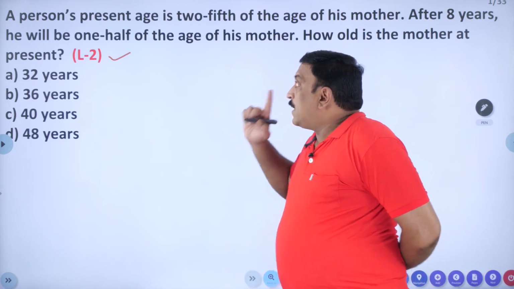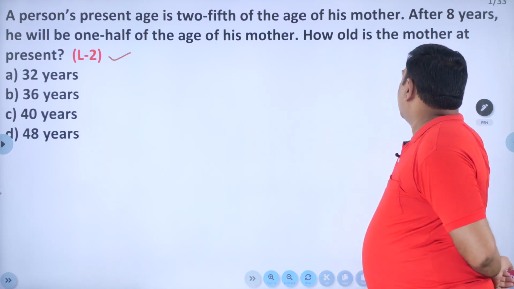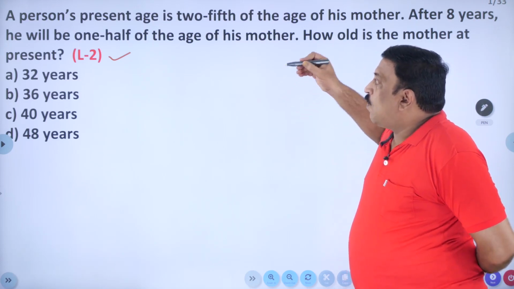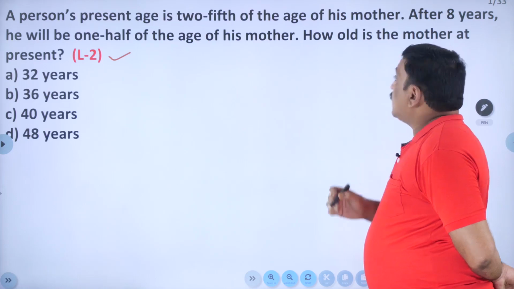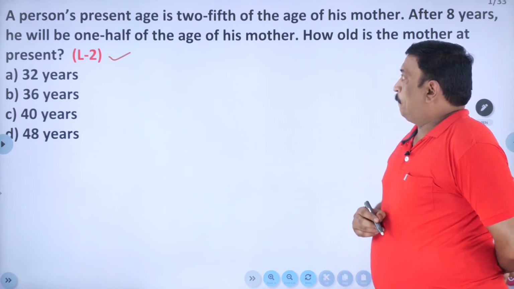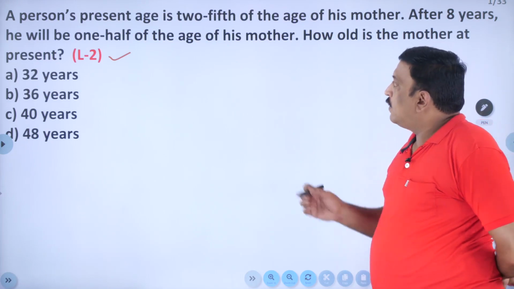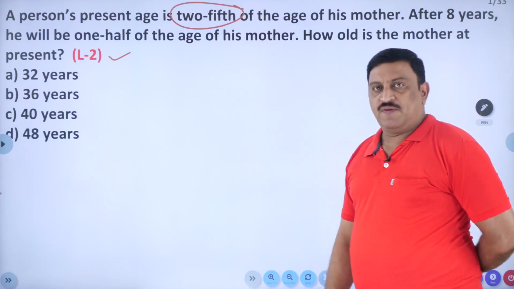A person's present age is 2/5 of the age of his mother. After 8 years, he will be 1/2 of the age of his mother. How old is the mother at present? So here, the mother and son are compared, but we got the new one, this 2/5.